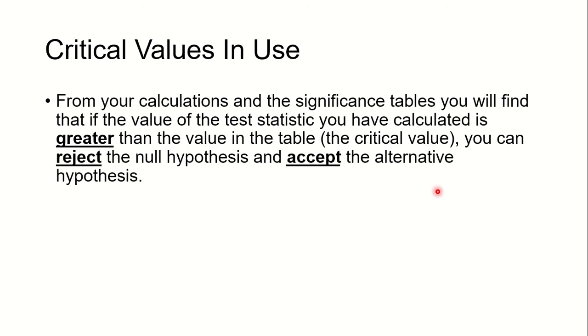Basically, if when you've done your sum, the number you get at the end of the sum beats the value in the critical value table that you have in your jotter, then you can accept your alternative hypothesis. If it does not beat the value, then you must accept the null hypothesis. And that's how we prove an alternative or a null hypothesis.